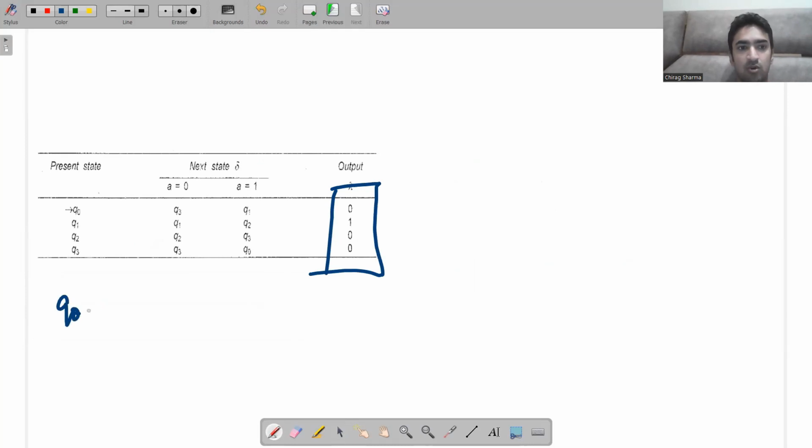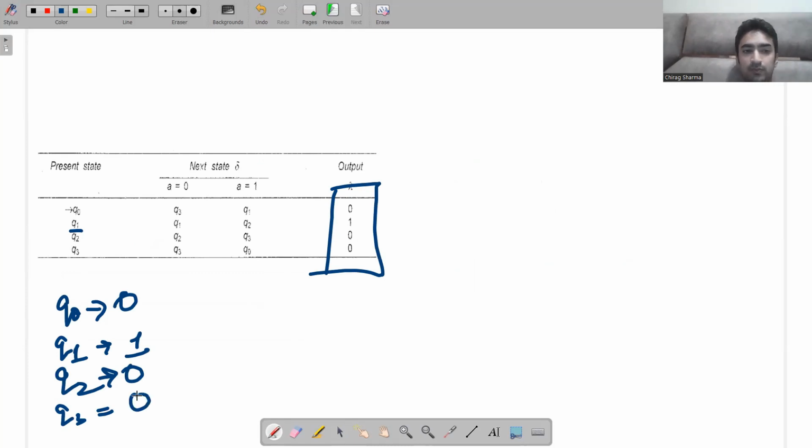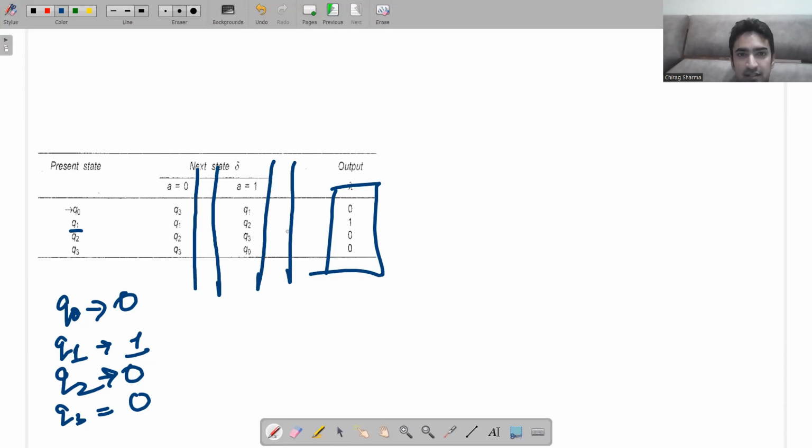So Q0 output is 0, Q1 output is 1, Q2 output is 0, and Q3 output is also 0. You have four outputs for 4 states. All you need to do is substitute these outputs in these transitions. By default, your answer will come.